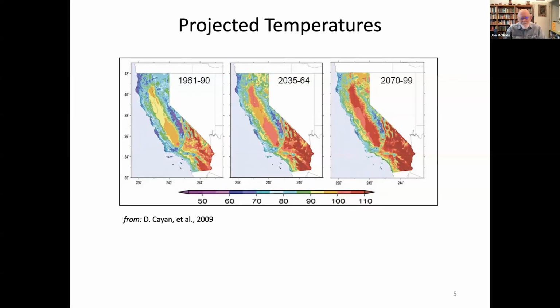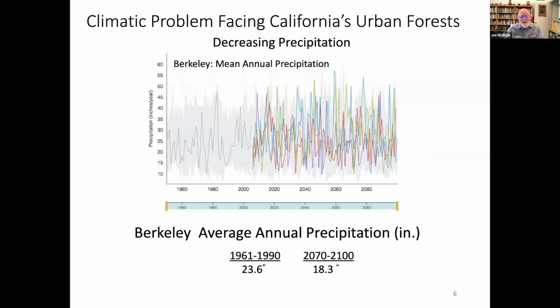And as you see, the areas in the southwest part of our state become darker red, meaning that they're going to become warmer, but also at closest inspection, you see that temperatures will be rising throughout the state, with some potentially significant increases in the lower part of the Central Valley, as well as the Southwest.